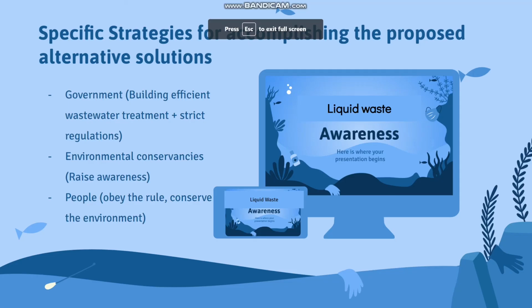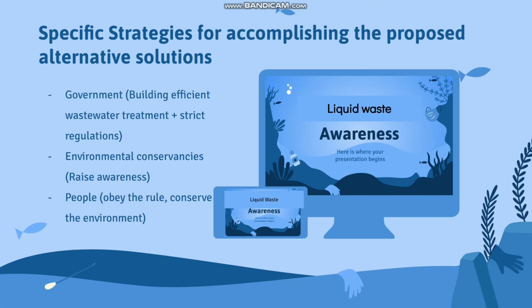Coming to the specific strategy for accomplishing the proposed alternative solutions. There are several key people and key organizations in charge with us in order to make the project happen. First and foremost is the government.